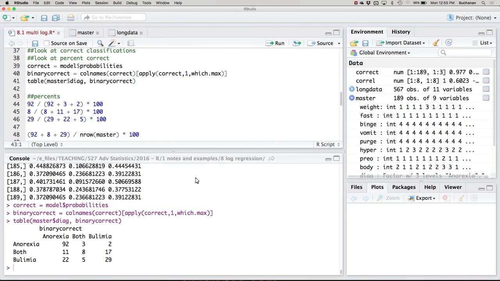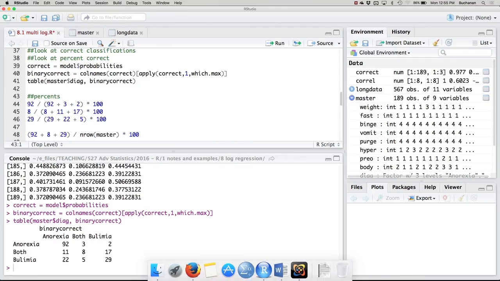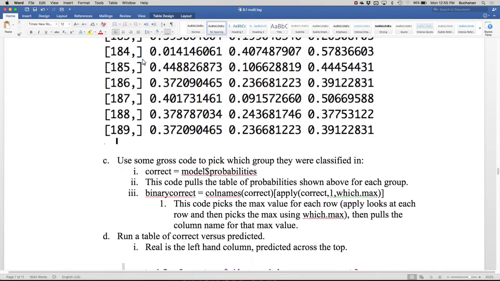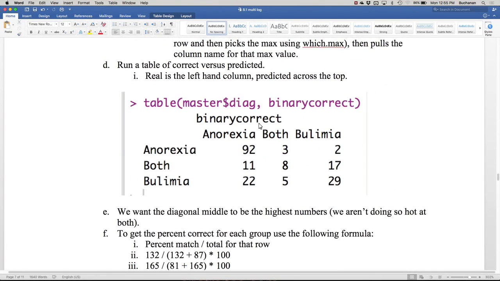And then I made a table. So the table is of the original. This is the original. Under here, under binary correct, this is the predicted one. So down the side is the original here, and then across here is what it would have predicted. And so this middle diagonal here is correct.